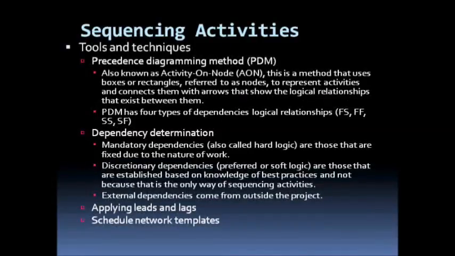Tools and techniques we could employ to sequence activities. We have PDM, which is precedence diagramming methods, also known as activity on node, and this is a method where we use boxes or rectangles to represent activities, and we connect them with arrows or lines that show the logical relationship that exists between those activities.